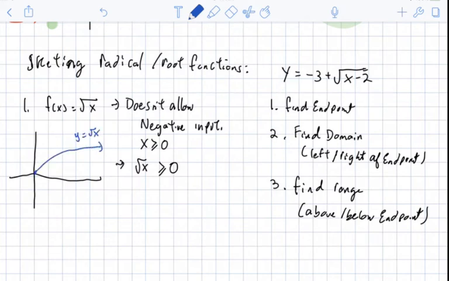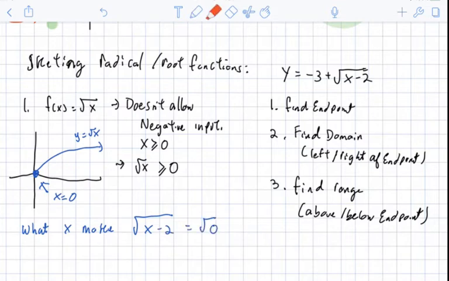Okay. So the location of this endpoint is where the input of the root function is equal to 0. So we have to ask ourselves, what value of x in the function we're given makes this thing equal to 0?